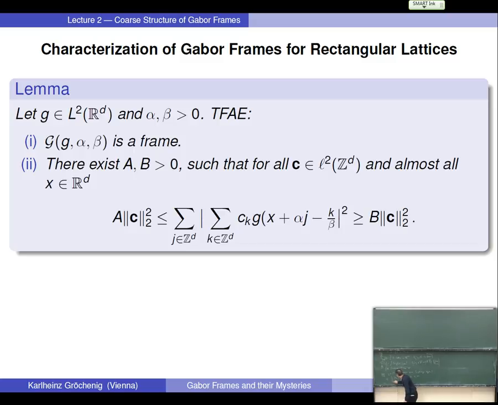The integral goes over R^d. So we may take that as a technical condition, but I need to make a few remarks.